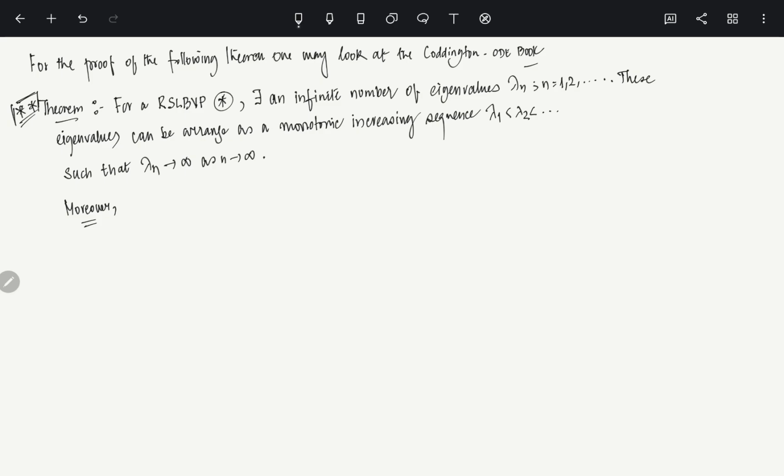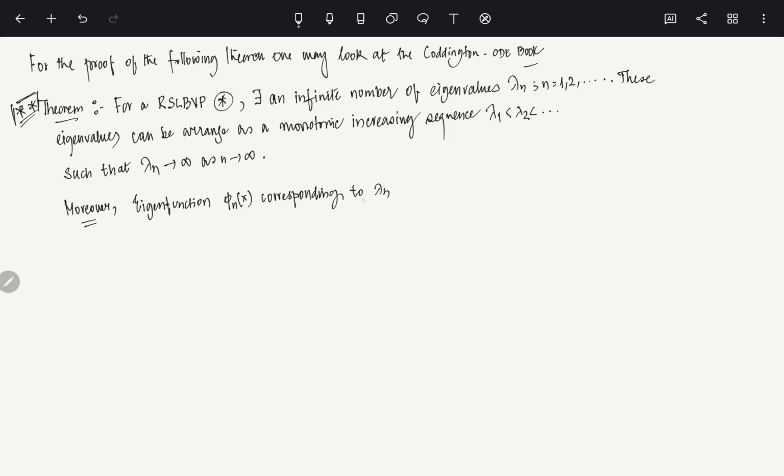So what you can say is this. Moreover, the eigenfunction phi n of x corresponding to lambda n, let's say phi 1 corresponds to lambda 1.